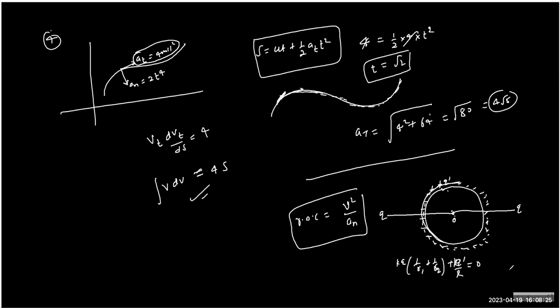So what is the question actually? That's easy, you can solve this easily. So Q into (1/R1 + 1/R2) plus Q dash by R should be 0. K gets cancelled, right?